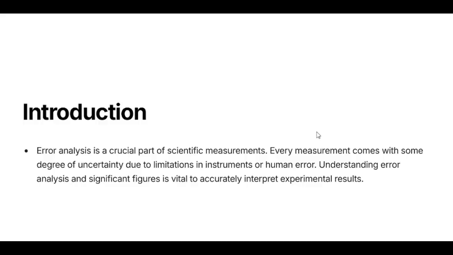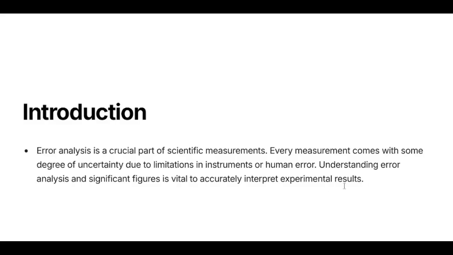Error analysis is actually a critical part in scientific measures, because when we are talking about science, we are dealing with so many measurements with different units. So when we are trying to represent measurements, tendencies are that there will be levels of error. And this error can be analyzed and be reduced through error analysis.